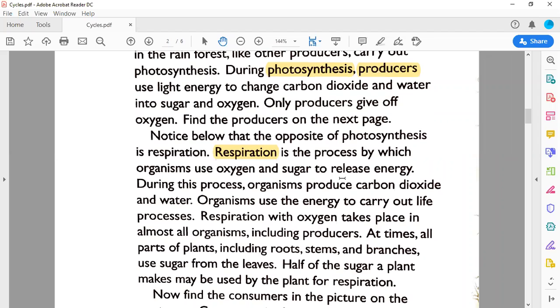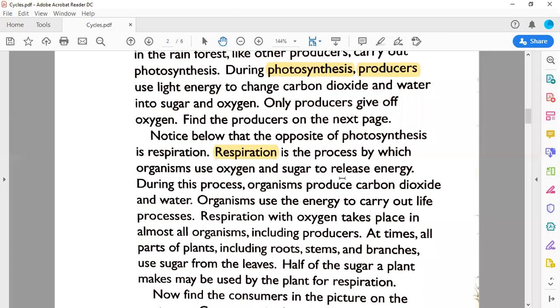So they need two things, carbon dioxide and water. And what else do they need to change this into oxygen and energy? They need the sunlight, right? So let's say that the plants are going through this process called photosynthesis, but then an animal, a herbivore, comes and eats one of these plants.